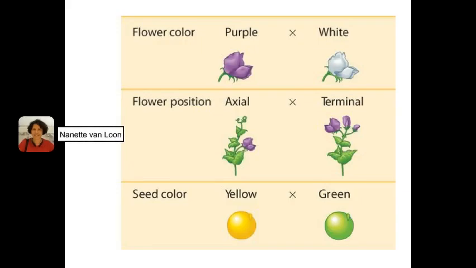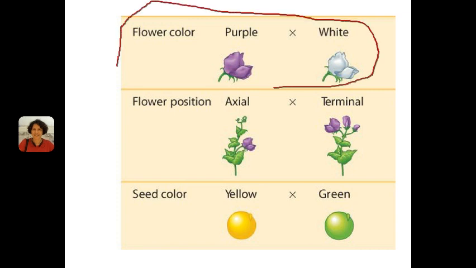In the next couple of slides, we're going to take a look at some of these characteristics that the garden peas had. So here we have purple flowers versus white flowers. And another was the position of the flower. The flower position can be axial or terminal.